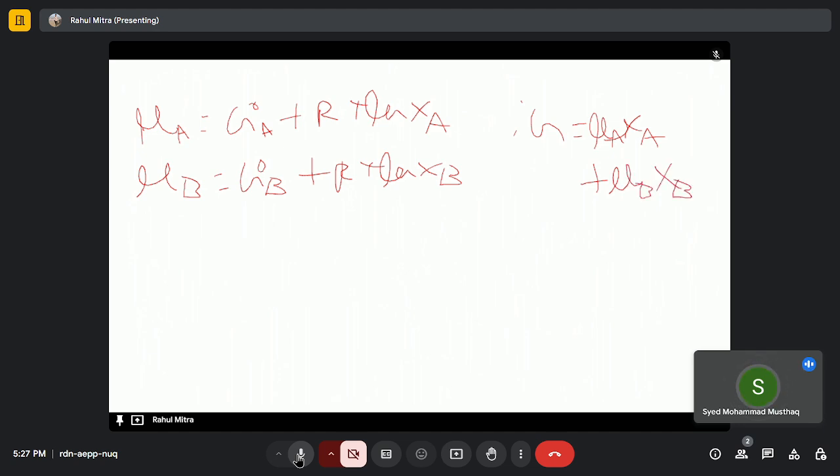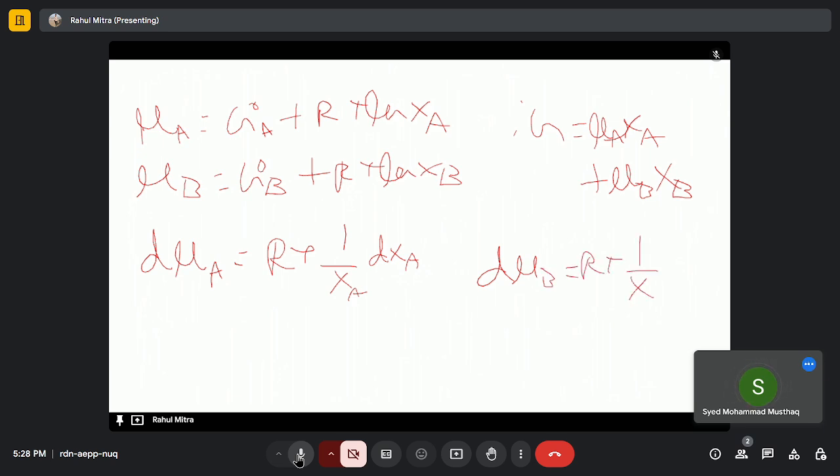When compared to it, now what happens, d mu A equals, this will turn out to be 0, then RT times 1 by x_A times dx_A, and d mu B equals RT times 1 by x_B times dx_B.